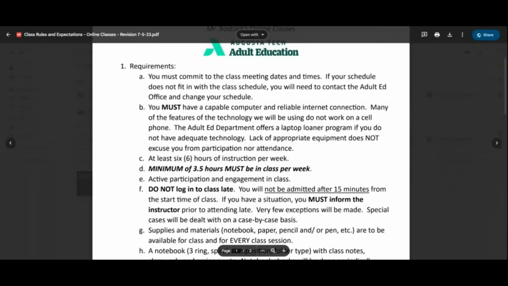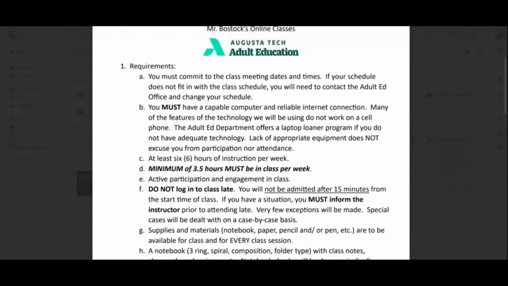These are the class requirements, rules, expectations. So number 1, you must commit to class meeting dates and times. If your schedule does not fit in with the class schedule, then you need to contact the adult ed office and change your schedule.